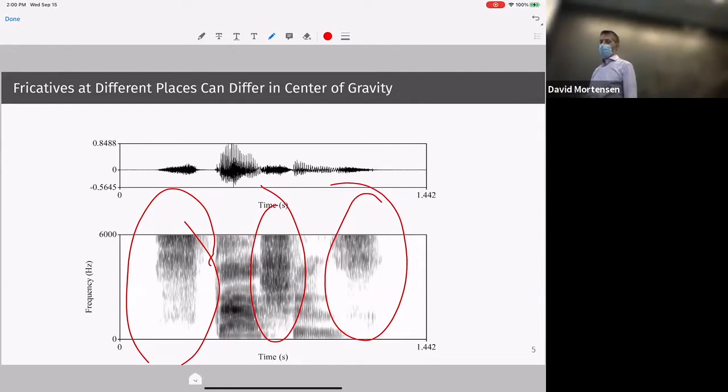I can tell you what the first one is, and that's an S. You can tell an S on a spectrogram because an S has a high center of gravity. If you look at where the darkness is concentrated, it's at a relatively high frequency. This is what distinguishes different fricatives from one another: where the center of gravity is.